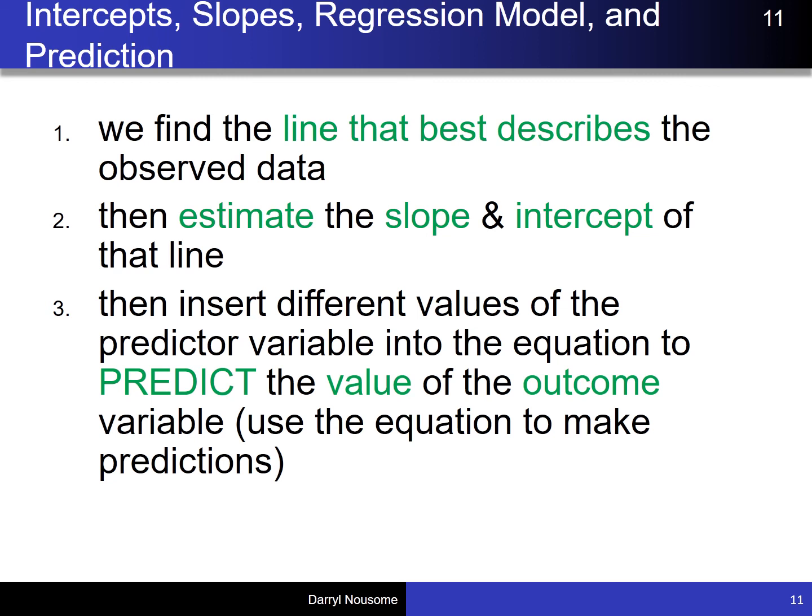So lastly, what we want to do is fit the best line that fits our observed data between our x and our y, right? So how does HDL predict your height? Then you estimate the slope and the intercept of that line. The best thing that you can do with regression is predict the value of an outcome given that you have an equation already. I'll get to how you can do that in a second.